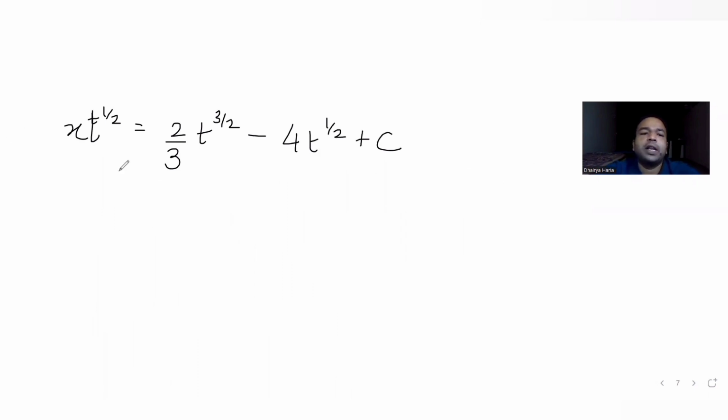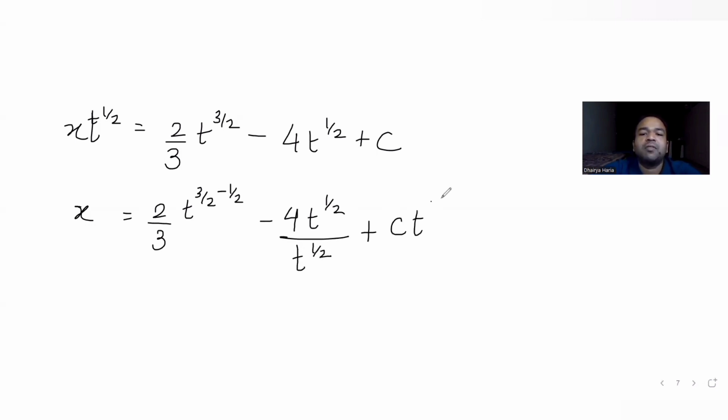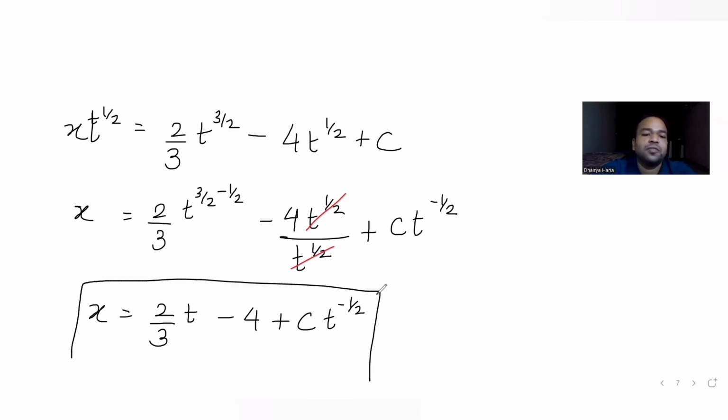So if I divide throughout by t raised to half, I get 2 by 3 t raised to 3 by 2 minus a half, which is t, minus 4, plus c upon t raised to half, which in the numerator becomes t raised to minus half. So this gets cancelled. You are left with x equal to 2 by 3 t, minus 4, plus c t raised to minus half. So you get the solution of this differential form.